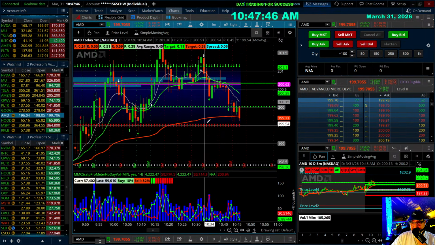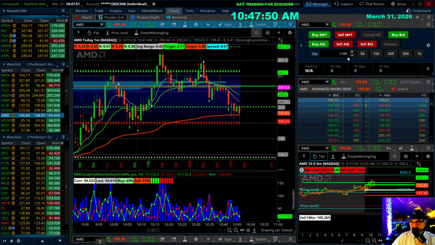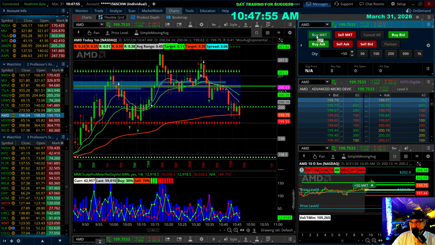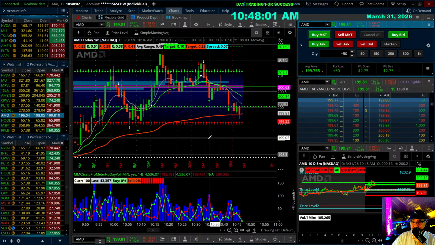So the VWAP and the magnet, however, could be tradable levels here. I'm going to go ahead and go in with a low share size so I can scale in here if I need to, if it keeps going down.